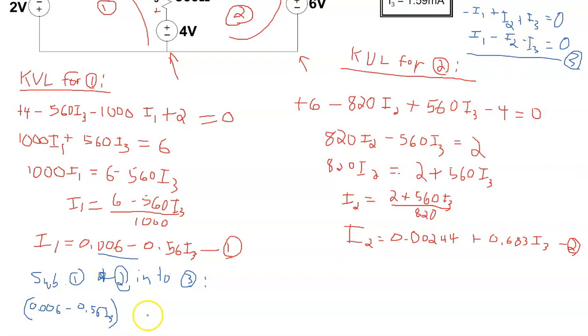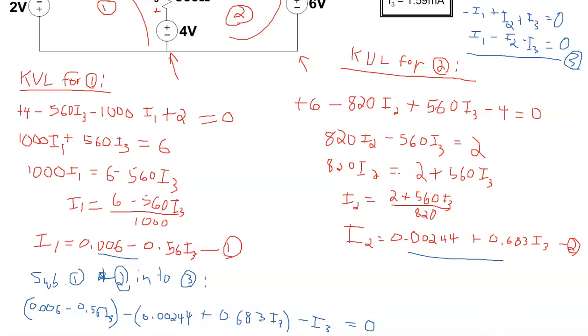And then we have subtract I2, and I2 is equal to this expression, 0.00244 plus 0.683 times I3, subtract I3 is equal to 0.